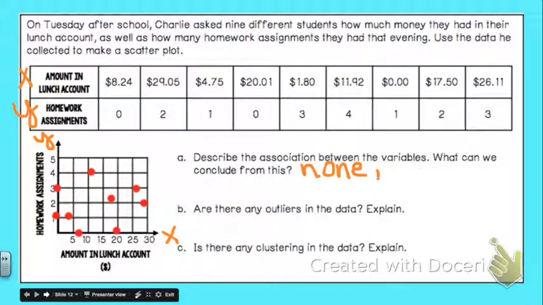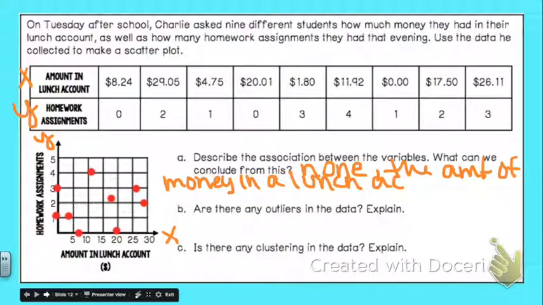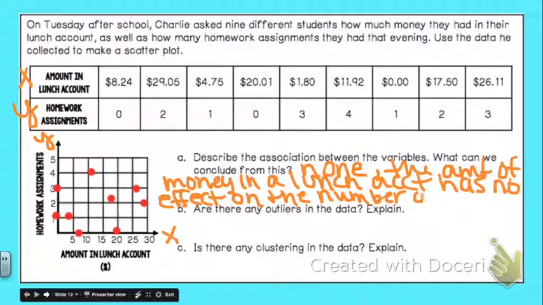So my conclusion is the amount of money in a lunch account has no effect on the number of homework assignments. And I'm just abbreviating homework and assignments.